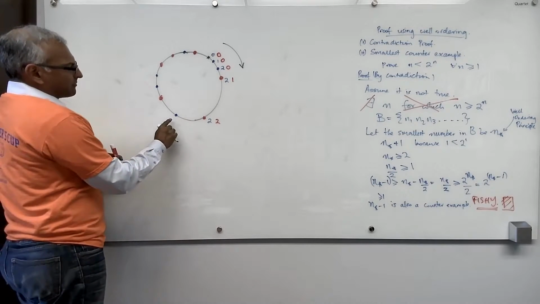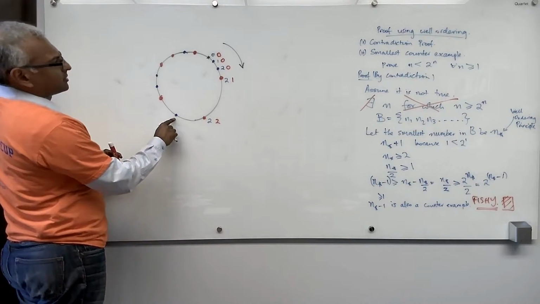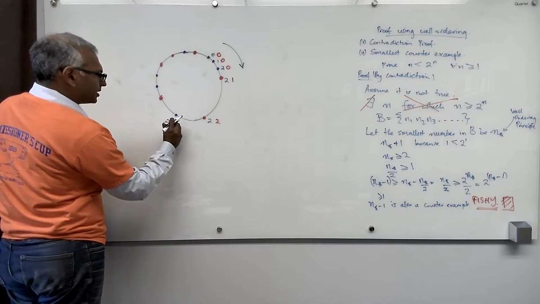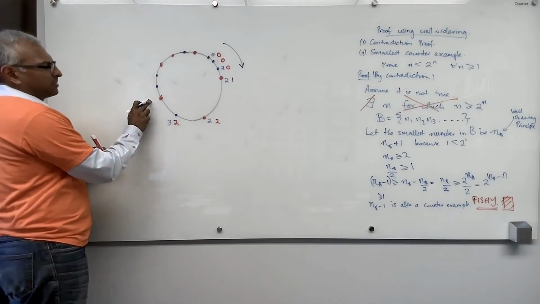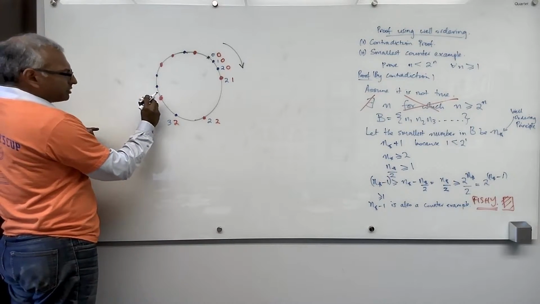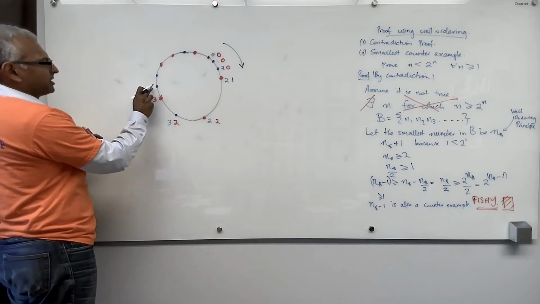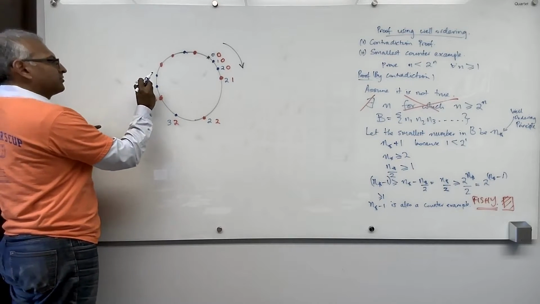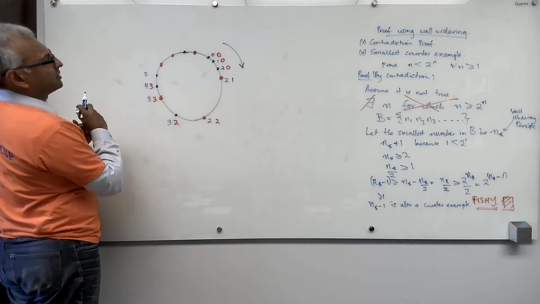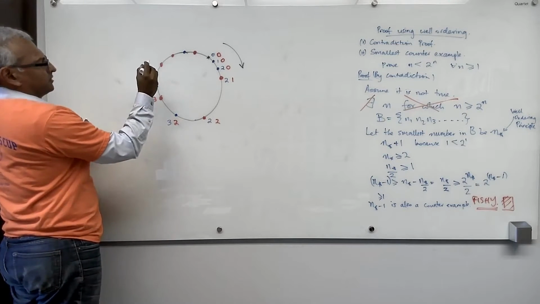Now once I pass this point, I've passed 3 blue points and 2 red points. Once I pass this point, I've passed 3 blue points and 3 red points. Once I pass this point, I've passed 4 blue and 3 red. Once I pass this point, I've passed 5 blue and 3 red.